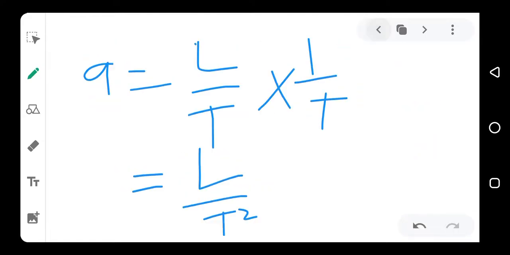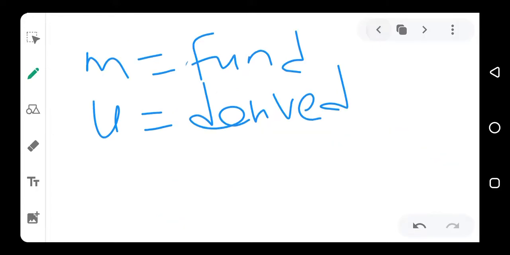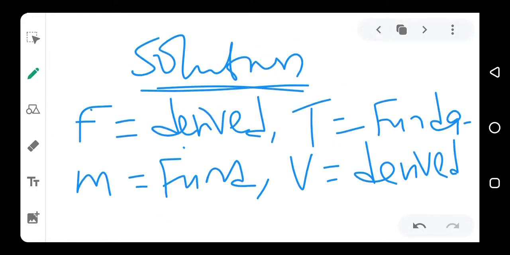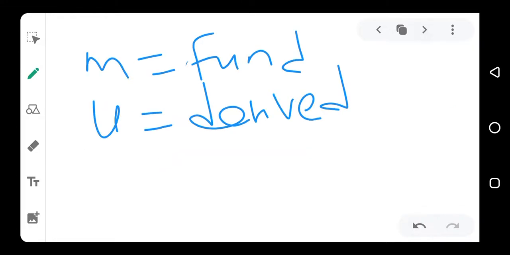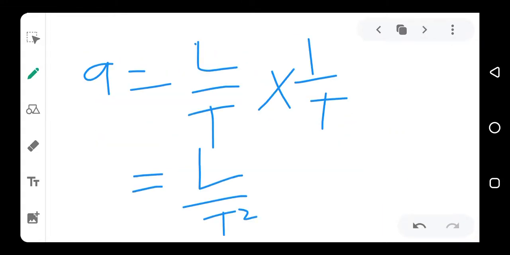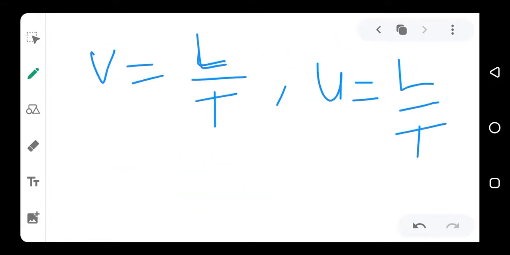So we've gotten the dimension for all the derived physical quantities in the equation: that of force, final velocity, and initial velocity. So we now put everything together and compare.